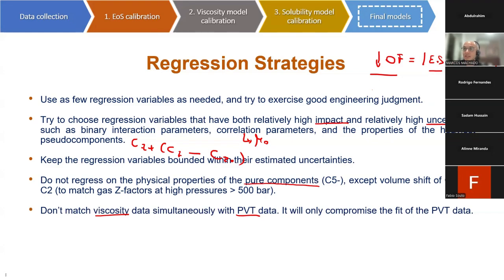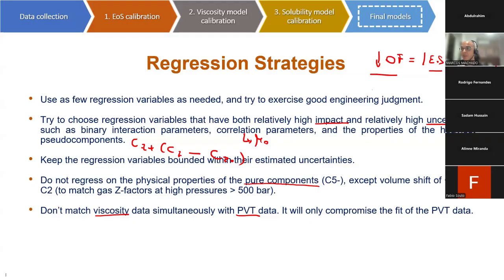Don't do it in the same step. In other words, don't include viscosity data and PVT data inside the same objective function. Build one objective function for the equation of state and regress on that.